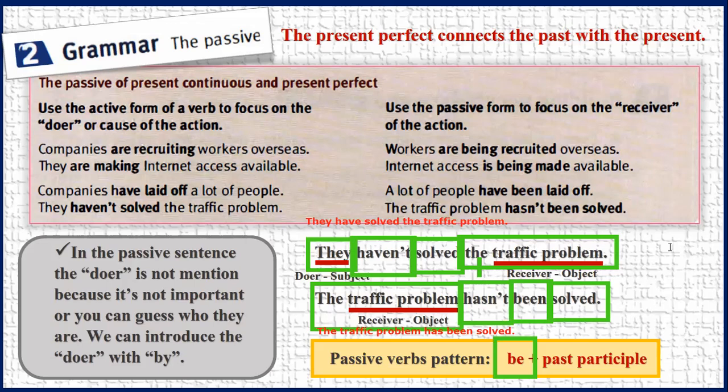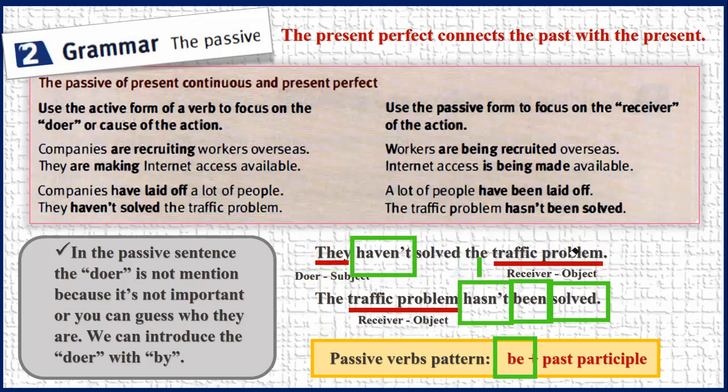So the doer is probably not important, or we can say, well, the government solved the traffic problem. We can say that it's obvious, or we can say that it is not important. Okay, everybody? We're good? Great.